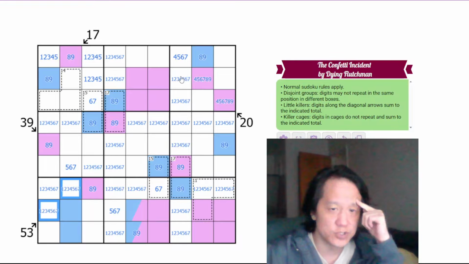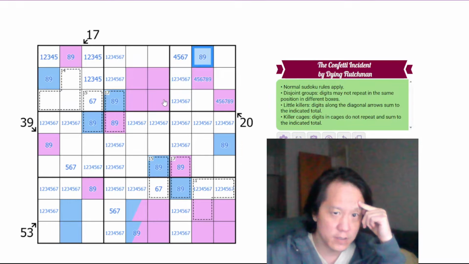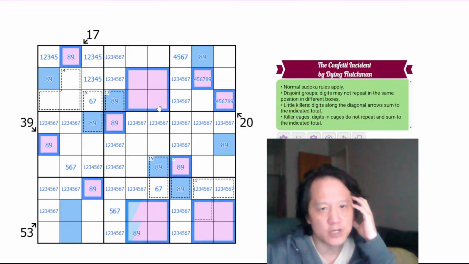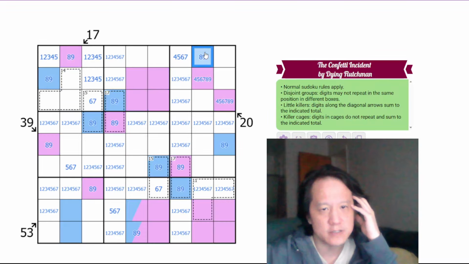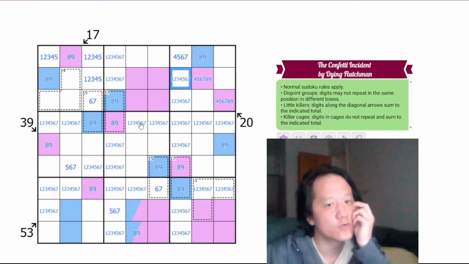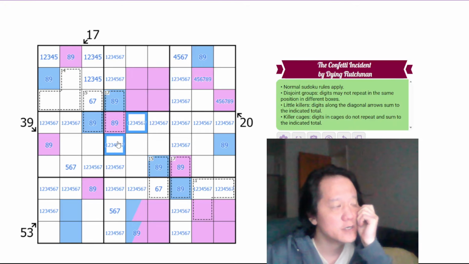So let's just double check. 7, 9, 8 at most, right? Because blue cannot be here, so you can't have double 9s here. But pink could be here. So then you could have 9, 8, and 7. That's 24 plus 6 and 7. 24 plus 7 is 31, plus 6 is 37, plus 7 is 40.